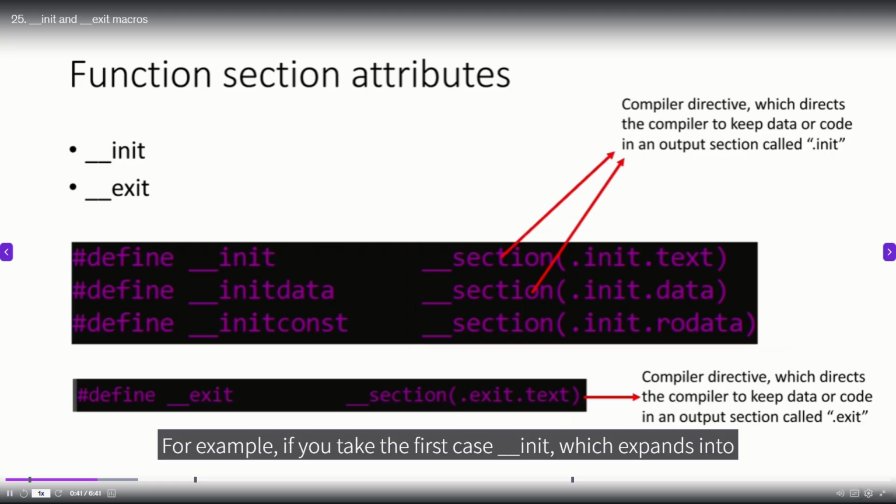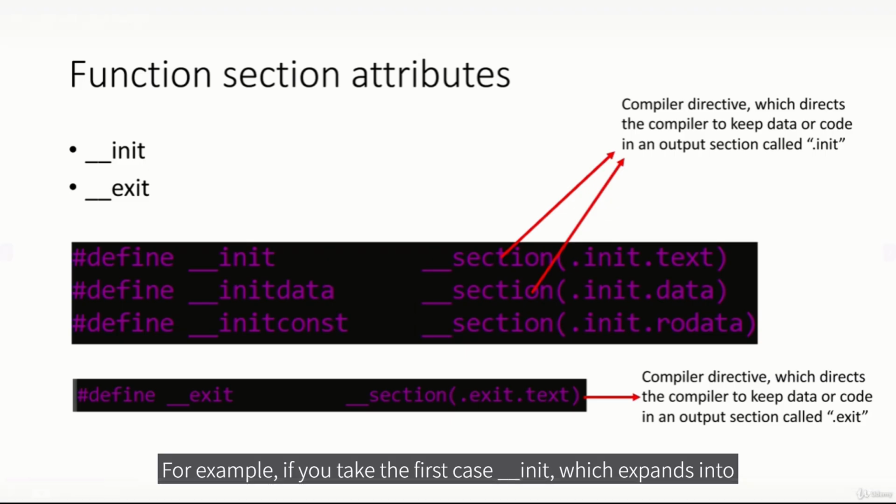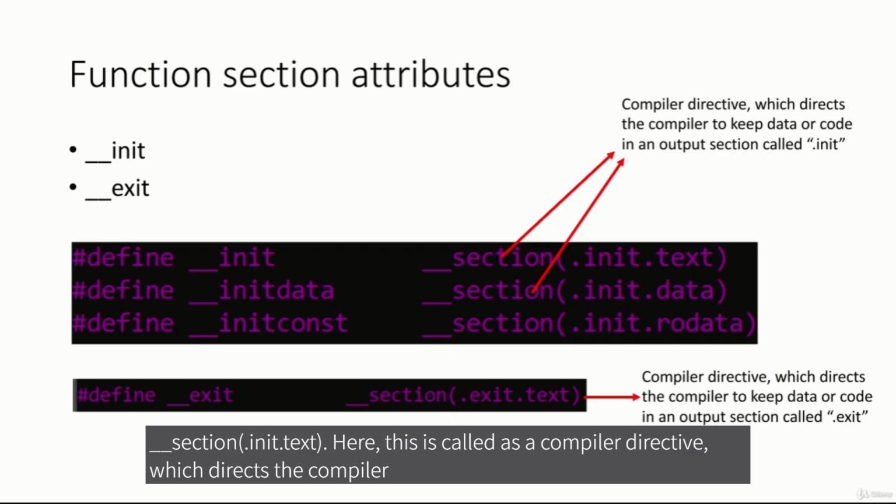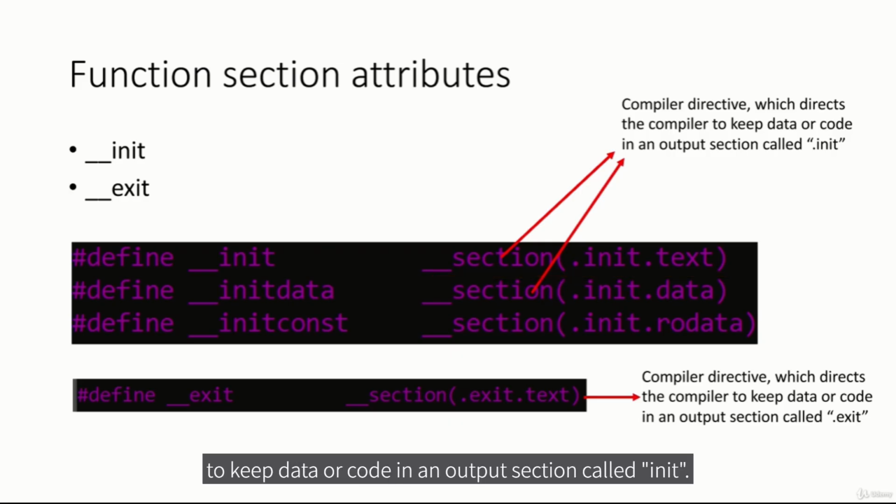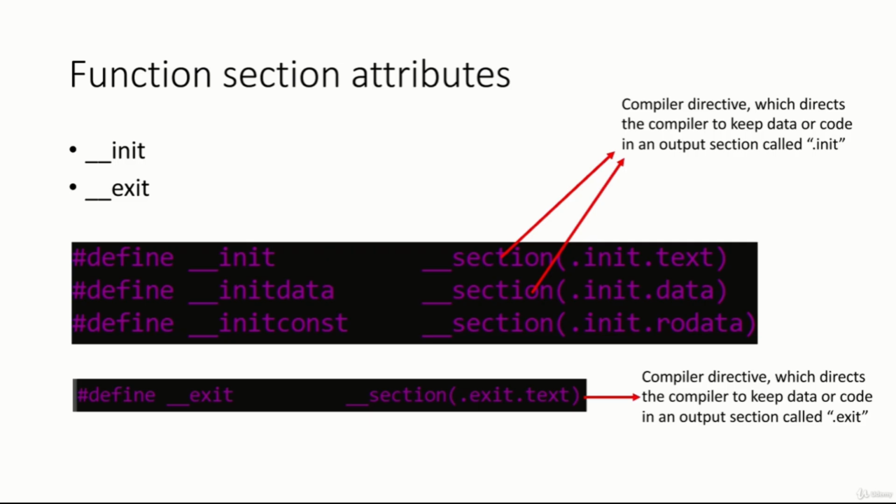For example, if you take the first case, __init, which expands into __section .init.text. This is called a compiler directive, which directs the compiler to keep data or code in an output section called init.